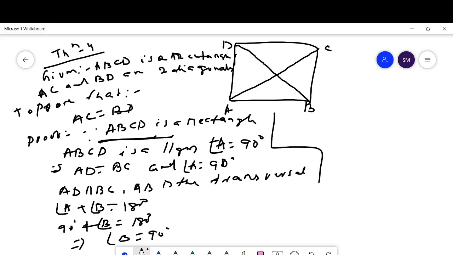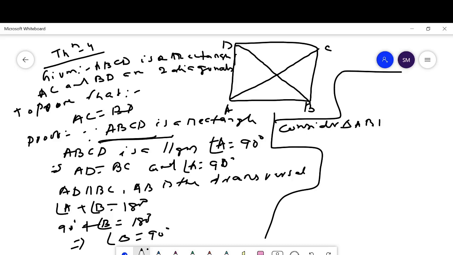Now consider the triangle ABD. I share the board. Consider the triangle ABD and the triangle BAC.